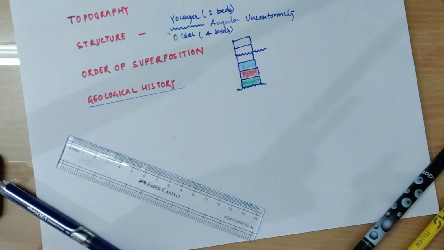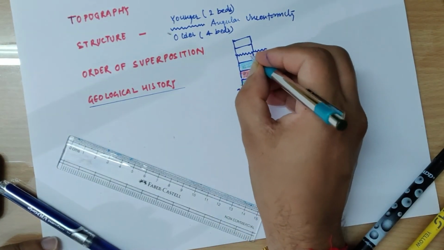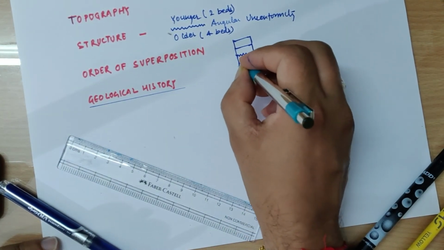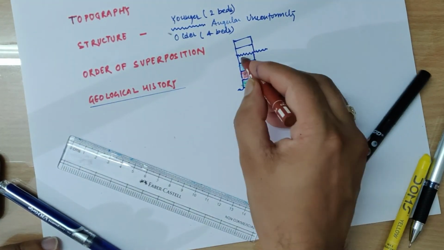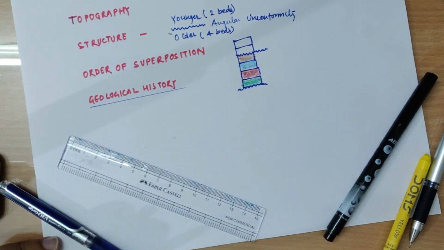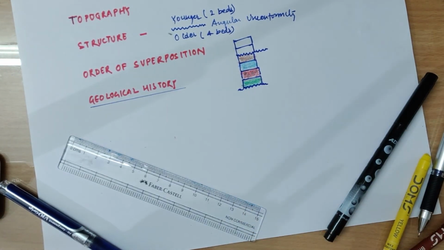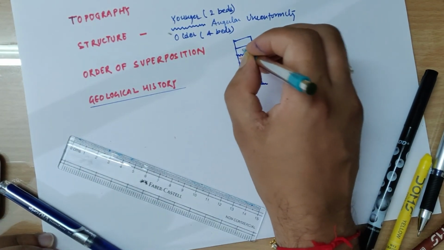The fourth bed of the older sequence is represented by fine denser dots and brown color in them. Then we have the first bed of the younger sequence, again represented by coarser dots and yellow color.